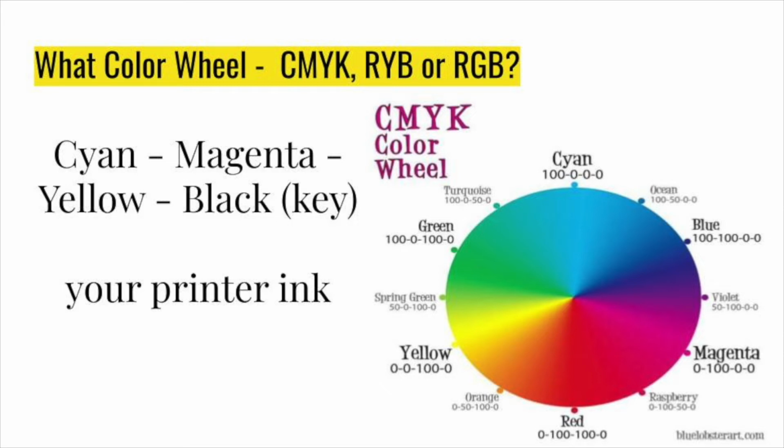Black is the key. When we're discussing how printers work, they use this color wheel because those are the colors used in the printing process. A printing press uses dots of ink to make up the image from all of those 4 colors. The key actually means black, which is called key because it's the main color used to determine the image outcome.